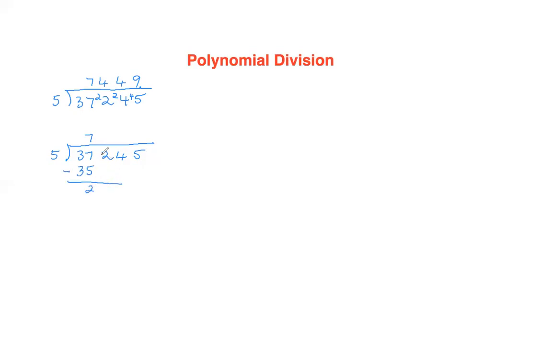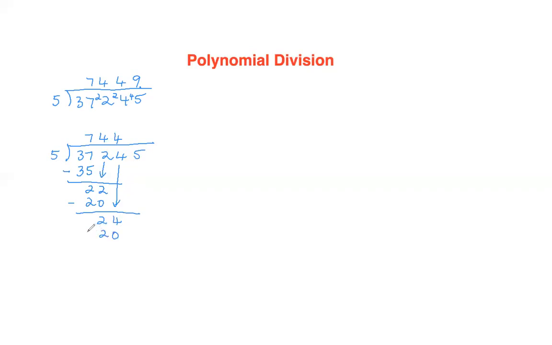Now instead of writing this 2 up here like we did here, I'm going to bring that 2 down to join it down here. 5 into 22 goes 4. 4 5s are 20. Subtract that off to get the remainder, gives us 2. Once again, the next digit now has to come down to join with that 2. So that gives us 24. 5 into 24 goes 4, and then multiply down again.